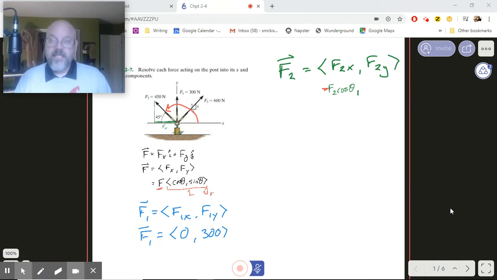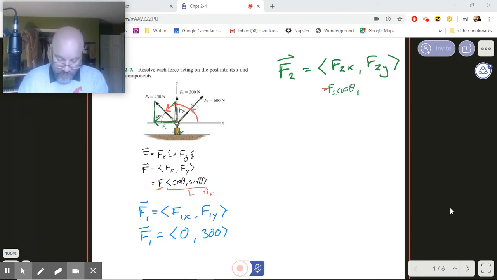So let's go get the y component for that. The y component is this side right here. We might want to put that over here if that makes you more comfortable. So we've got our x component there, and our y component here. There's F2y.